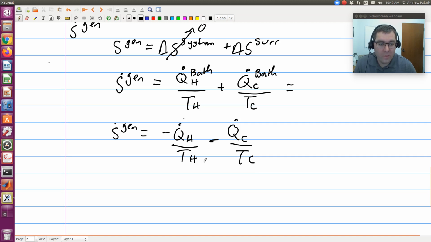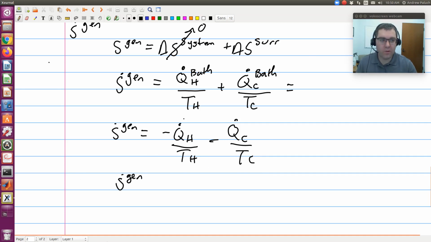So we know TH, we know TC, I know QH, and I know QC. Now, to calculate my entropy generation, for my temperatures here, make sure you're using absolute units of temperature.